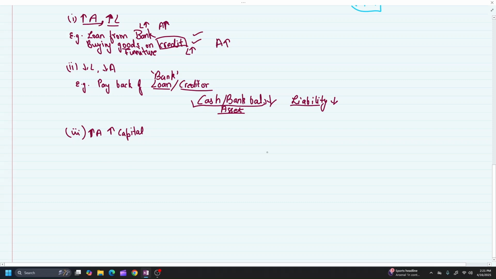Increase in asset and increase in capital. Okay, now increase in asset and increase in capital. What will be the example?